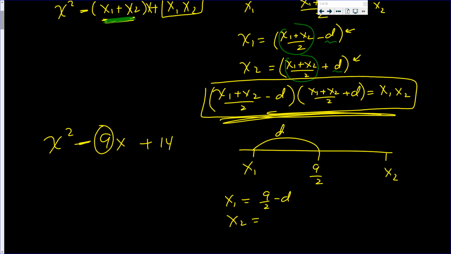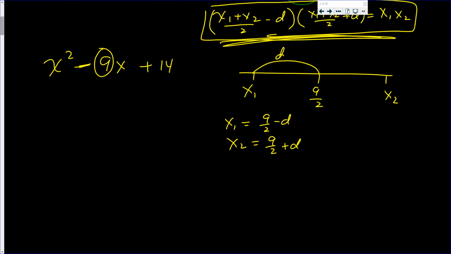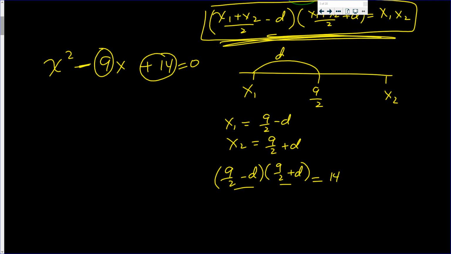And x2 is 9 over 2 plus d. Well, their product, 9 over 2 minus d, that's x1, times 9 over 2 plus d, that's x2. x1 times x2 is 14. Well, if I multiply those two factors out, I get 9 over 2 squared minus d squared equals 14.